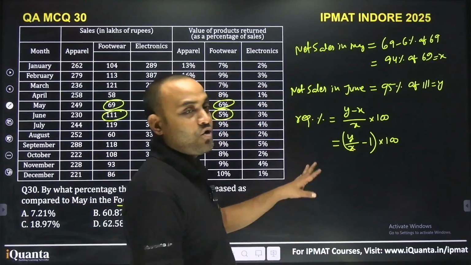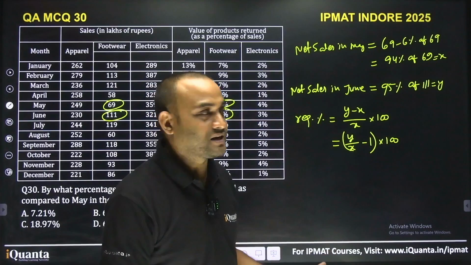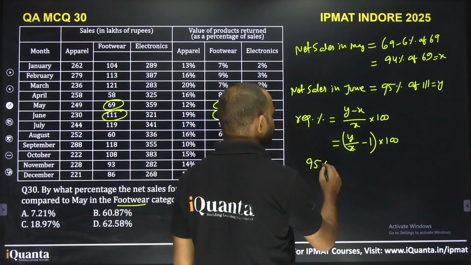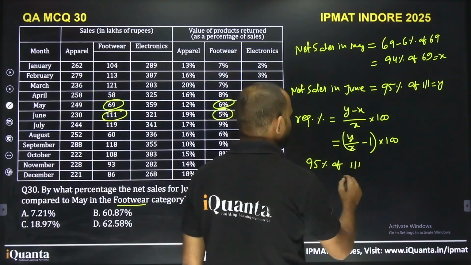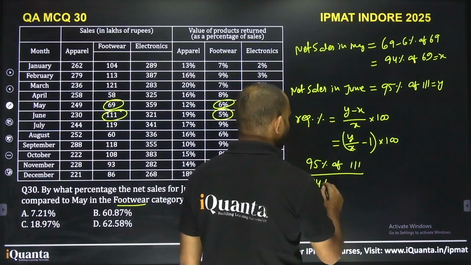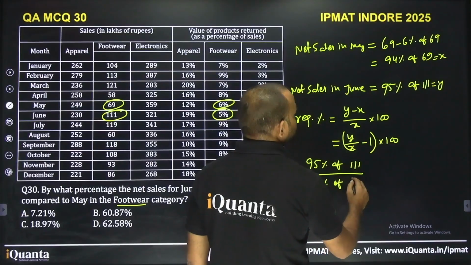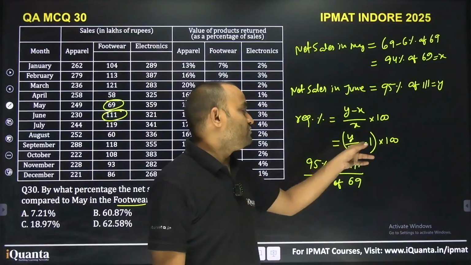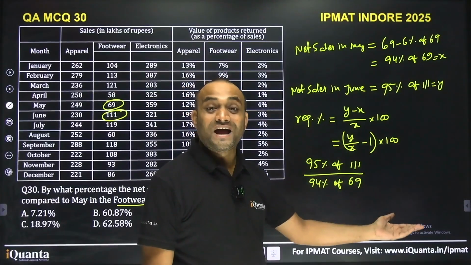So y upon x is the deciding factor. So let's take this ratio, which is 95% of 111 divided by 94% of 69. This is what we need to calculate, and then we can subtract 1 to get the desired percentage value.